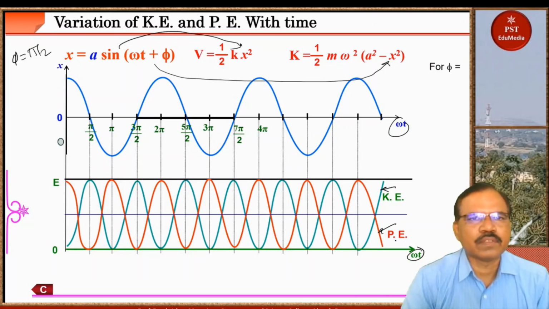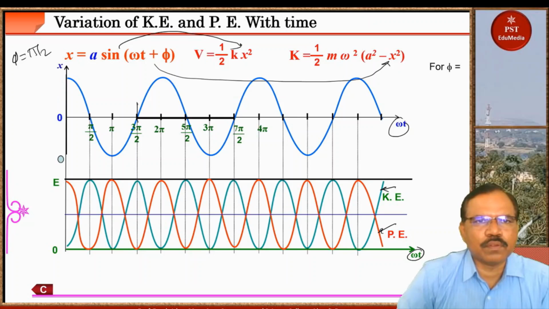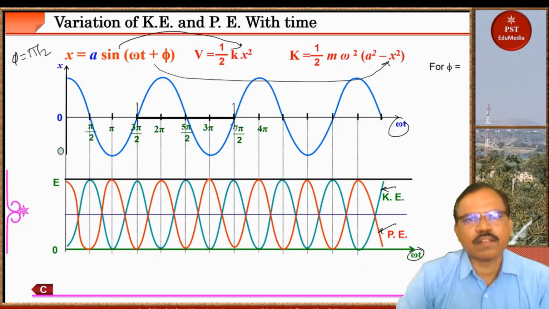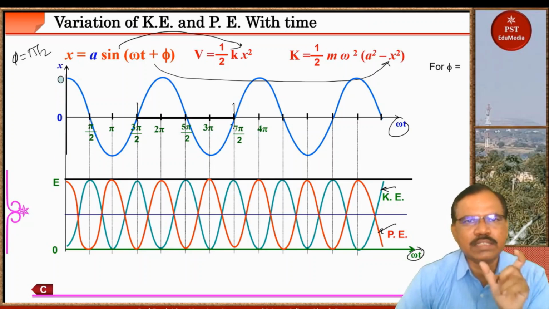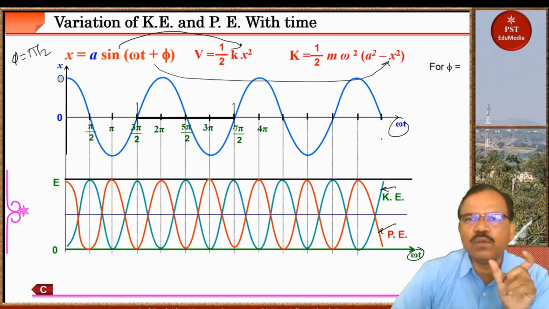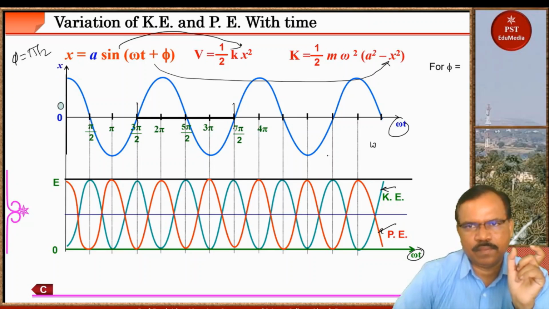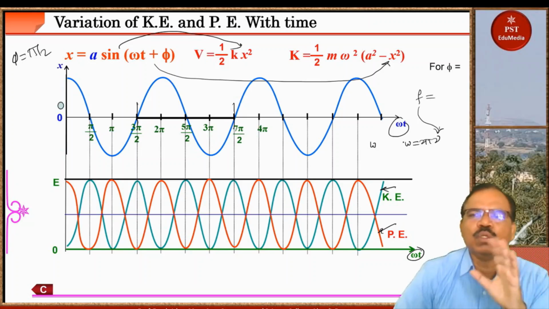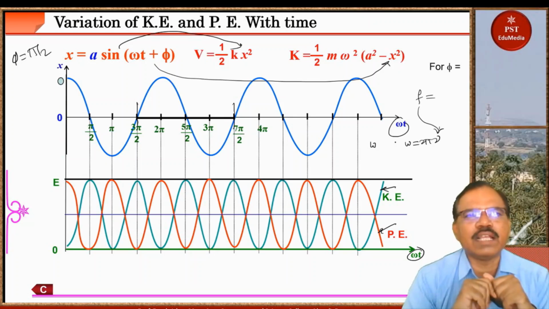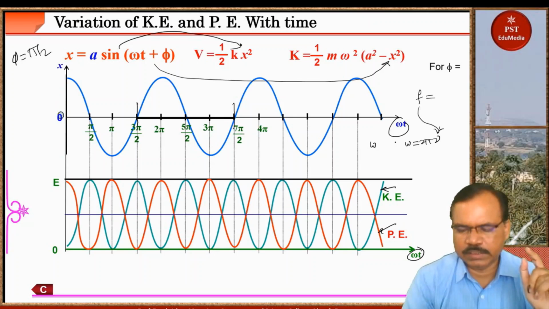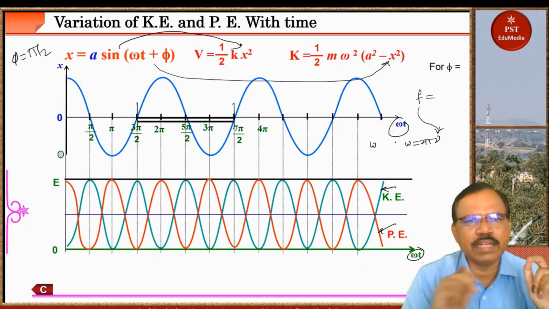Now see here, this is one cycle of oscillation, having angular frequency omega, and we can write omega is equal to 2 pi nu. I have taken f, but in place of f I will take nu. Nu is frequency.